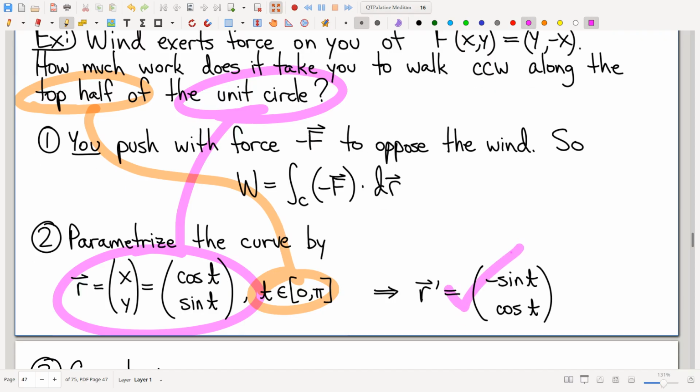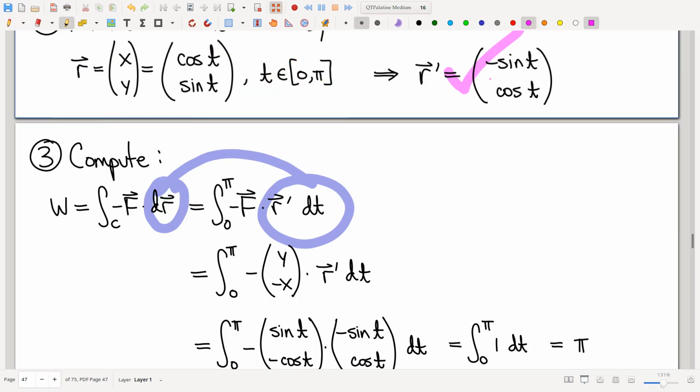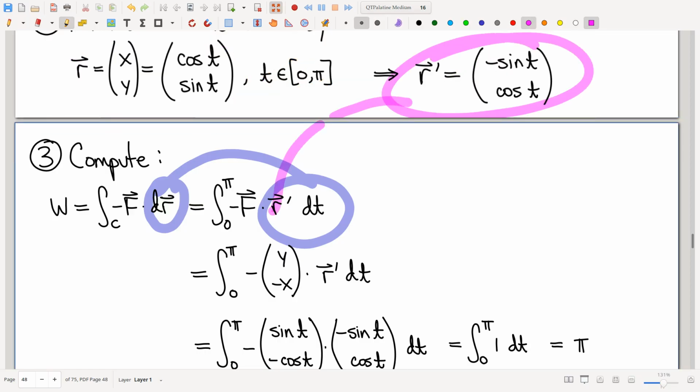It's very plug and chug at this point. We know that dr is r prime dt. We just computed r prime. We're given the force F, which was given as that. Don't forget this minus sign in recognition of the equal and opposite business, right?